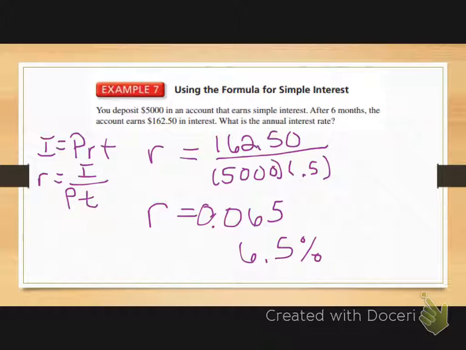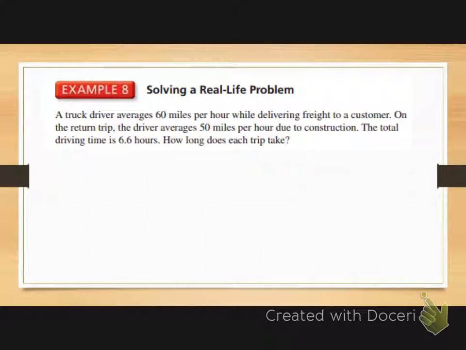Now looking at our last example right here, solving a real-life problem. A truck driver averages 60 miles per hour while delivering freight to a customer. On the return trip, the driver averages 50 miles per hour due to construction. The total driving time is 6.6 hours. How long does each trip take?